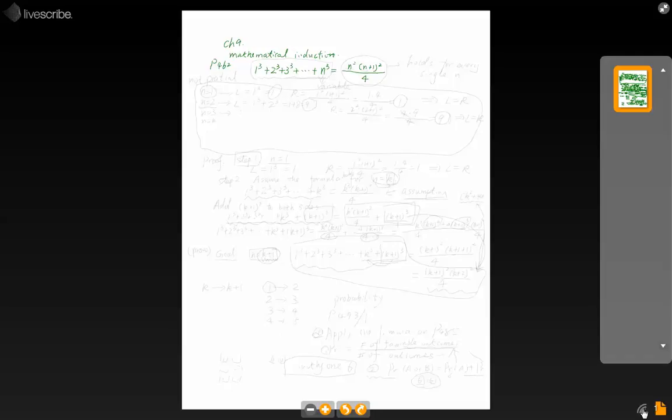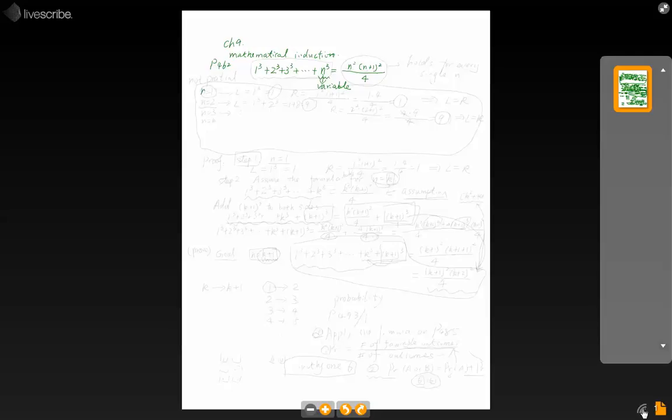And the reason we have to use mathematical induction is that the formula involves n, and n can be anything. So in this case, this single formula here actually describes infinitely many formulas. Because n is a variable, n can change from 1 to infinity, any number.